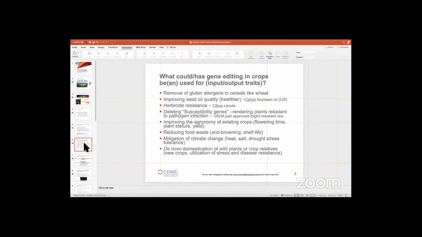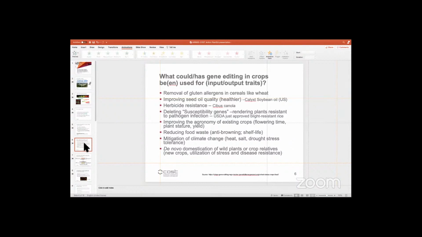So what could gene editing in crops be used for, or is it already being used for? That is, for example, the removal of gluten allergens in cereals like wheat. That's being done in our own institute, but also in Granada in Spain. Improving seed oil quality and make it healthier or better to cook.